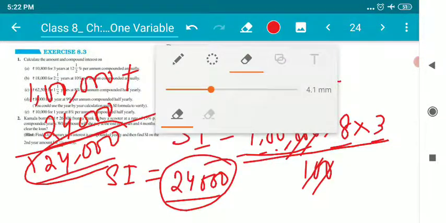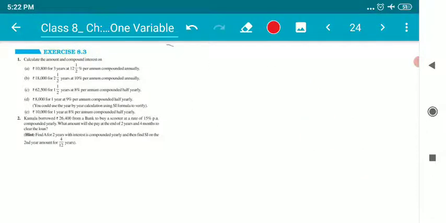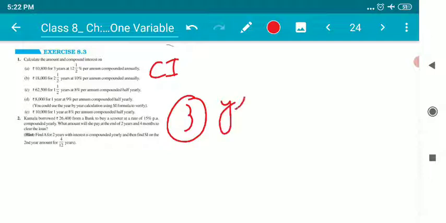So children, this was the concept of simple interest. Now, as we are studying in class 8, we will understand compound interest. Compound interest is a more complex calculation than simple interest. In simple interest, I was paying the interest amount directly for 3 years.